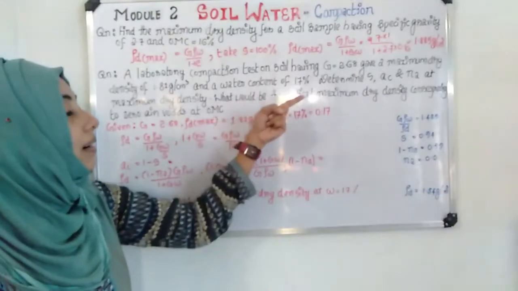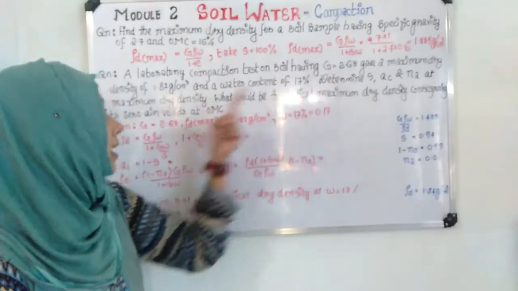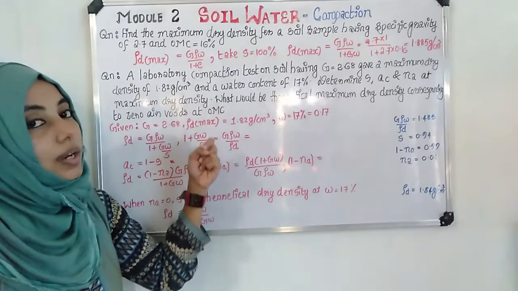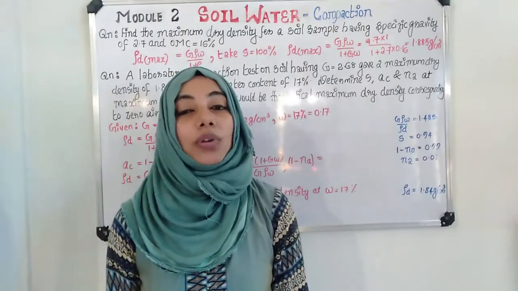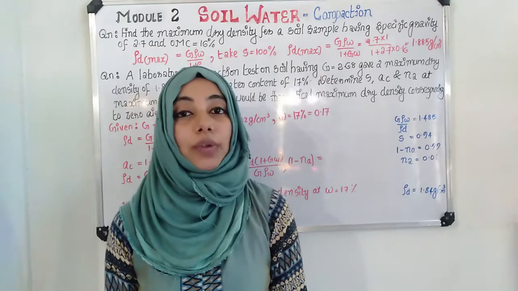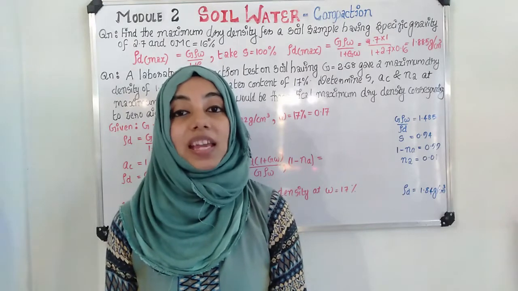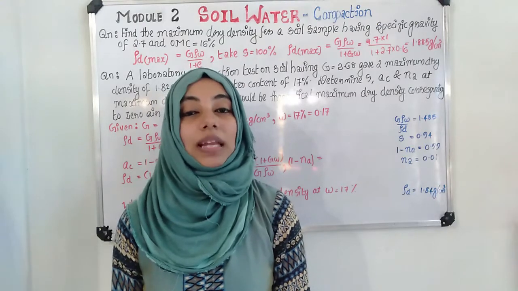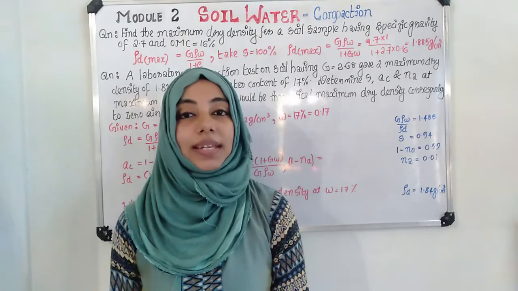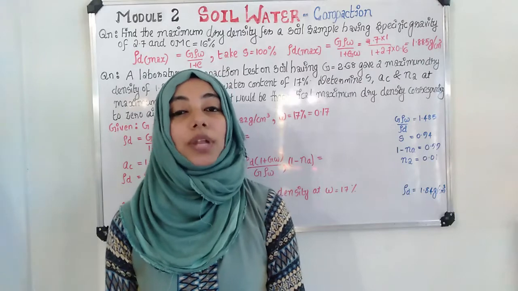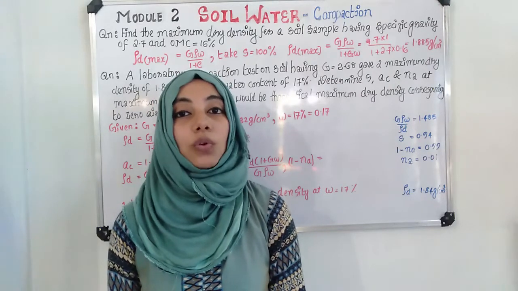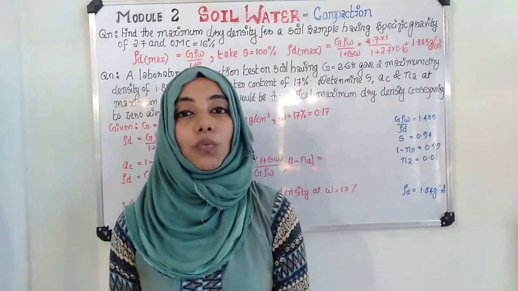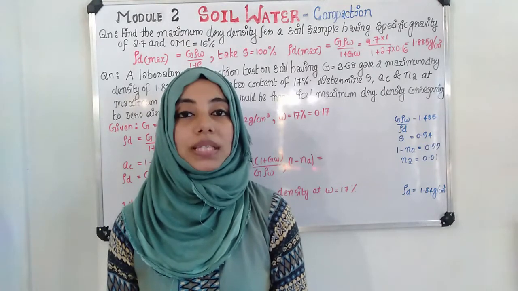What would be the theoretical maximum dry density corresponding to 0 air voids at optimum moisture content? So here we have to calculate degree of saturation, air content and percentage air voids. Beyond this, we have to calculate the theoretical maximum dry density corresponding to degree of saturation equal to 100%, or we can say percentage air voids Na equal to 0.